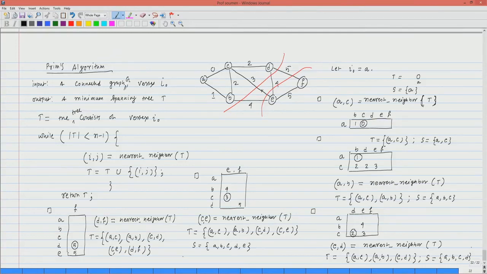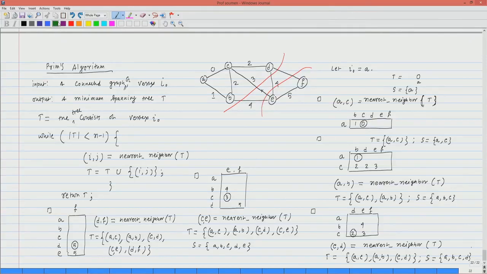Okay. So, we can show the tree edges here.